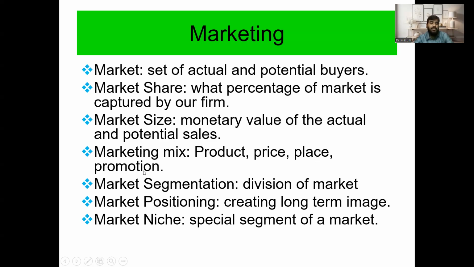Here in promotion, it is how you are reaching the information of the product to the market buyers. So how you are reaching the product is place, and in promotion, how you are reaching the information of the product.